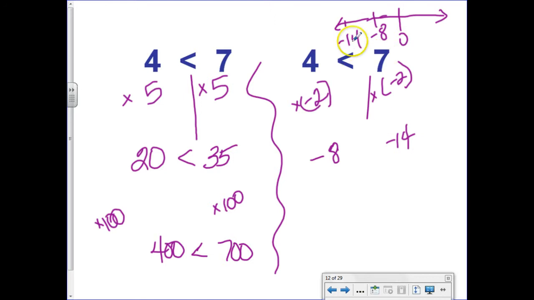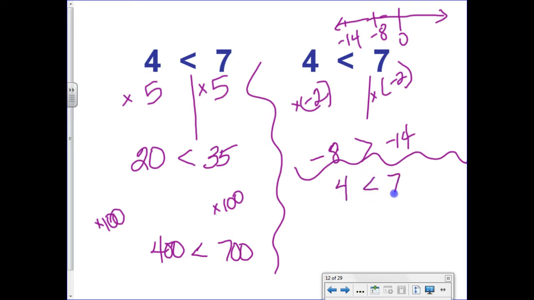Because I'm noticing that, I can't put this less than symbol in here. It really needs to be turned around to say greater than now, because negative 8 is greater than negative 14.